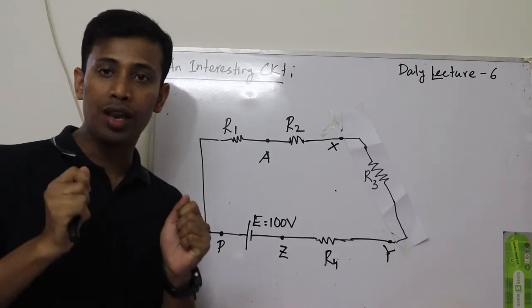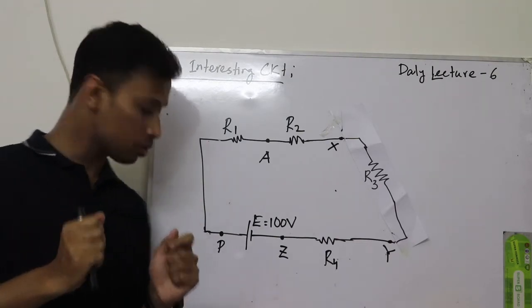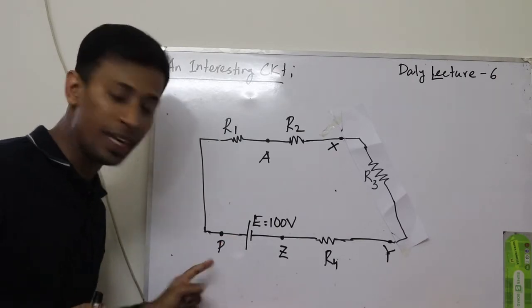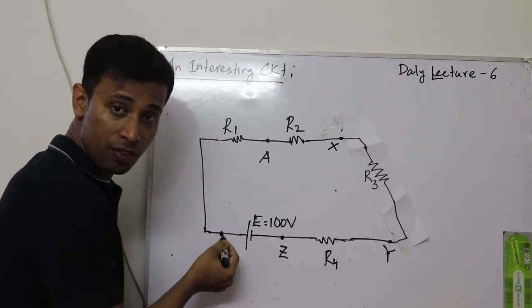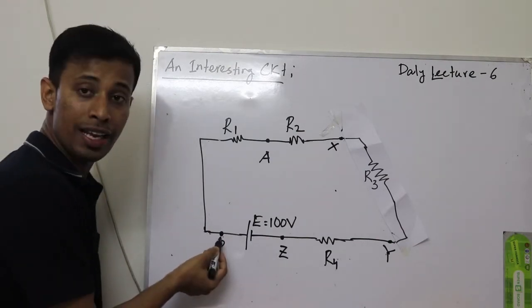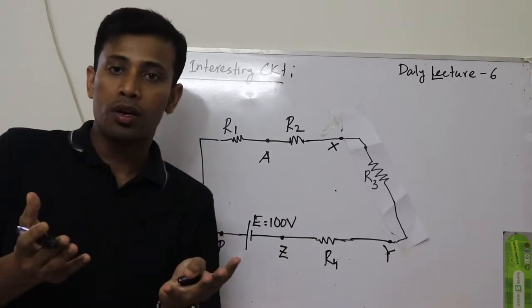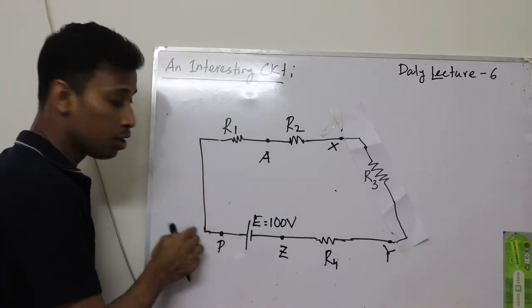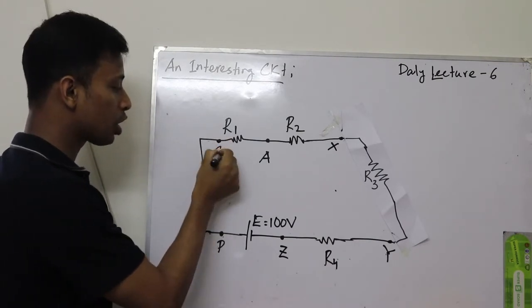So all electrons that leave the cell will carry 100 volt, and when they reach point P, as P is just outside of the cell, here all electrons will carry 100 volt, and usually we assume the lines are resistance-less. So from here to the starting point of resistance 1, suppose this point is Q.